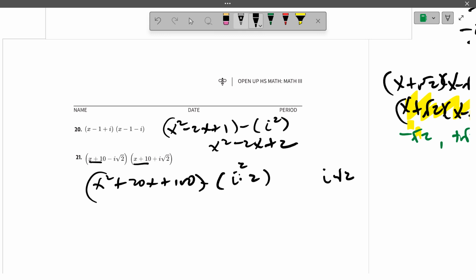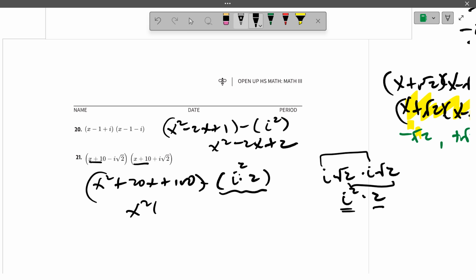I root 2 times i root 2 is i squared times 2, because the i times the i is i squared. The root 2 times itself is 2. So this in here is actually worth negative 2. And so x squared plus 20x plus 100 minus negative 2 is plus 102. We'll check you there. Right, that is it.